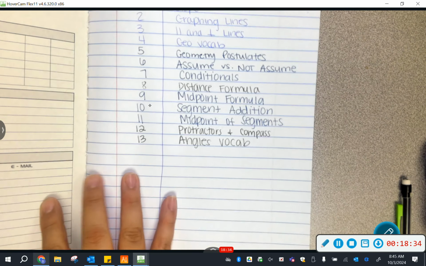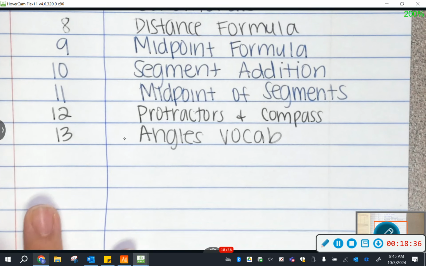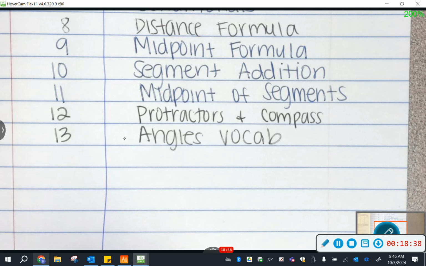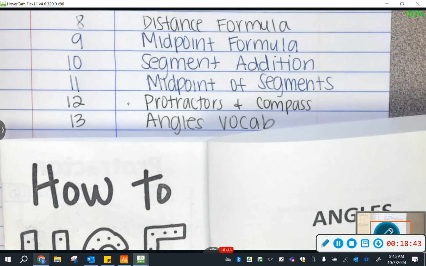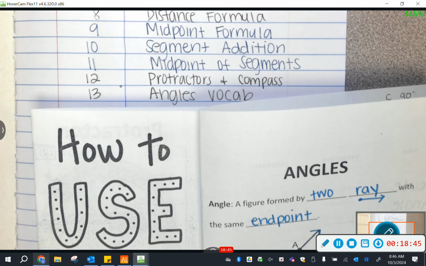You are going to glue the protractor paper on page 12 and the one we just did, angles, on page 13.